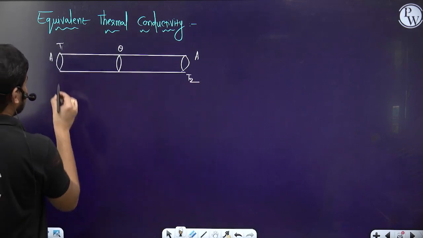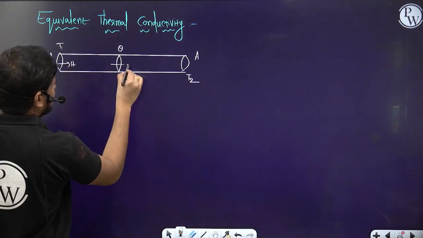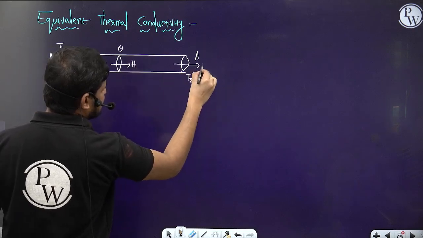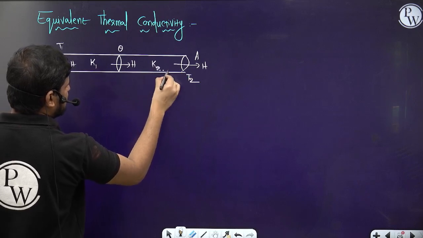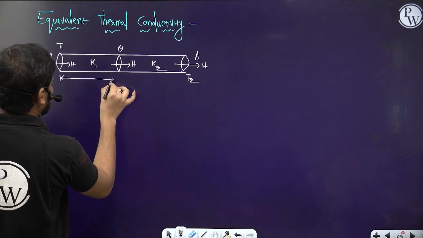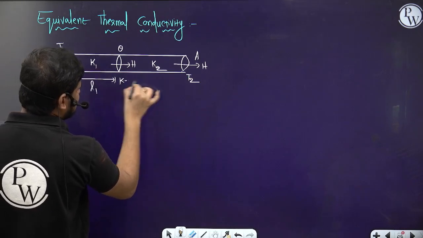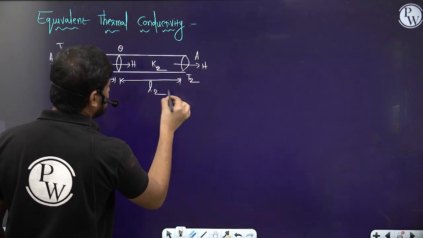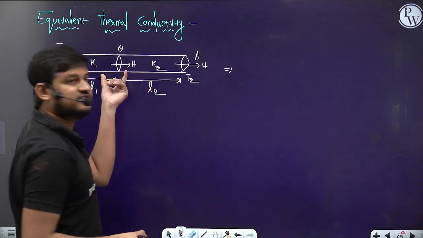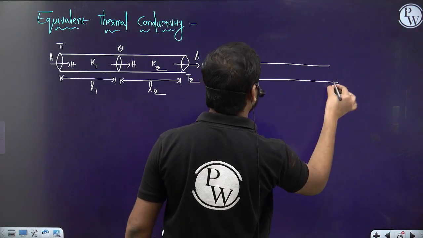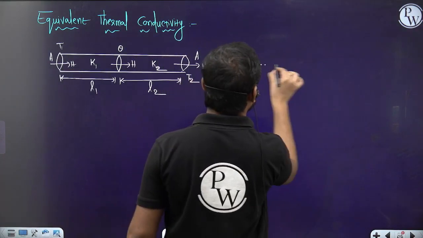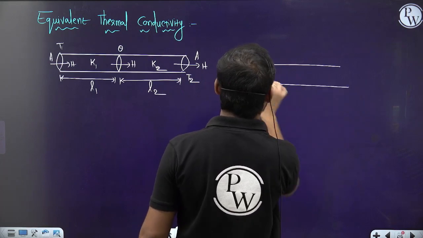And then the heat current flows, H here, H here, H here, series combination. Let the rods have thermal conductivities K1 and K2, with length L1 and length L2. Then after combination of these two rods we get the composite rod.